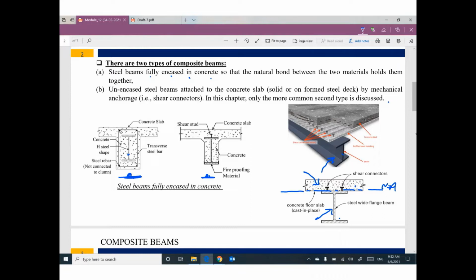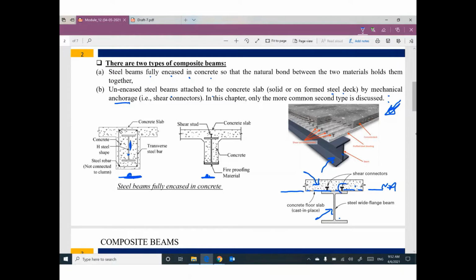We will cover only one type, which is the common one. The first one is steel beams fully encased in concrete so that the natural bond between the two materials holds them together. Bond, we have bond, but this bond is not strong enough. Anyway, the second is steel beams attached to the concrete slab, solid or formed steel deck, by mechanical anchors.